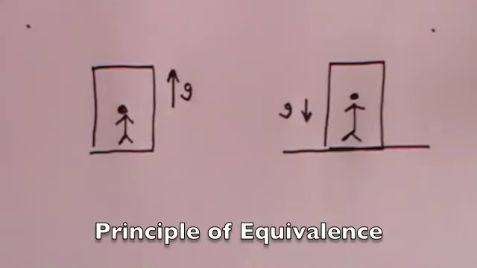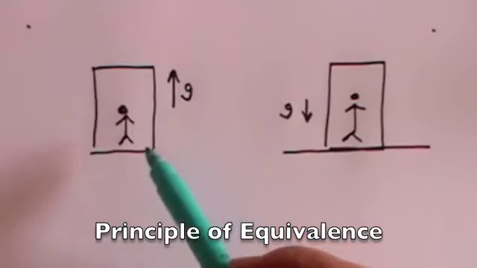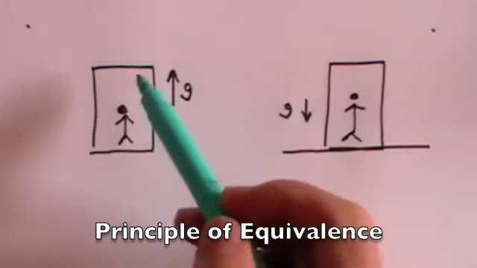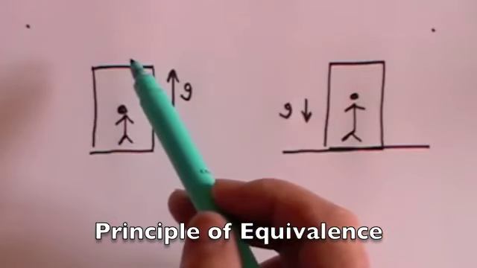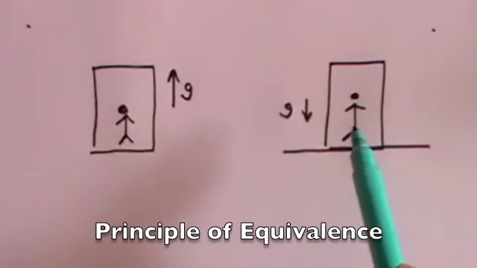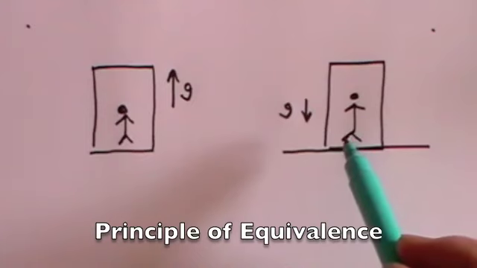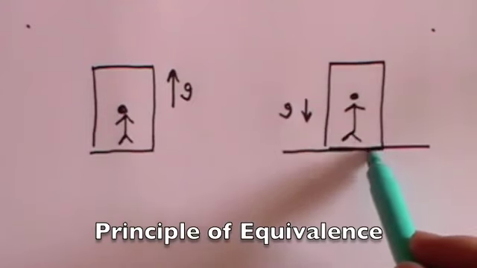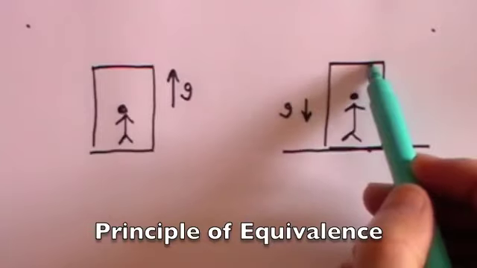Now that is actually not quite true. The difference, of course, is that if you are in outer space, travelling with an acceleration g, then all parts of this box, including you, are accelerating at the acceleration g. If you are on Earth, then because the value of g varies according to the height above the Earth, the value of g at this point will be ever so slightly greater than the value of g at this point.